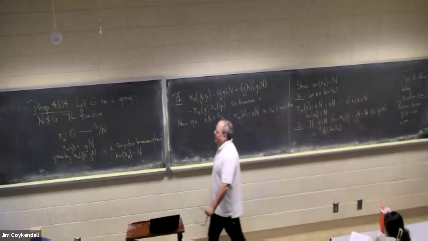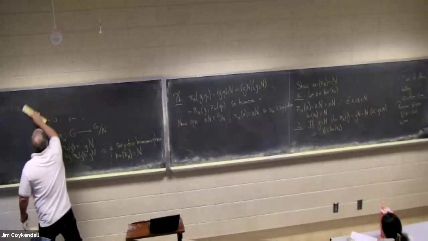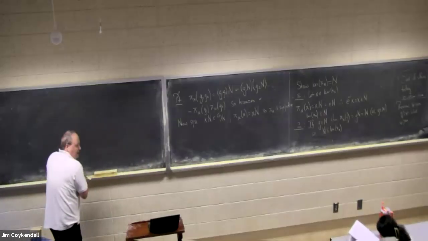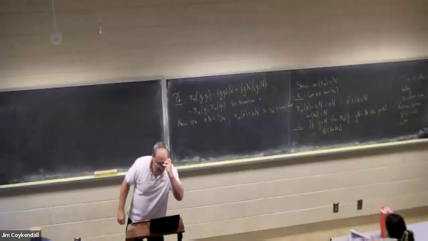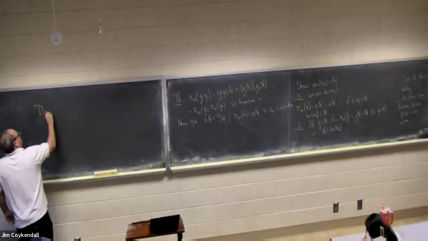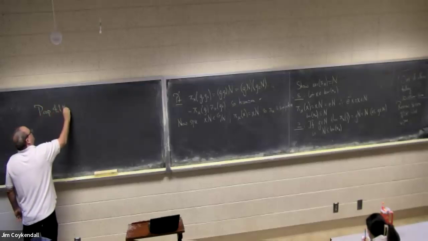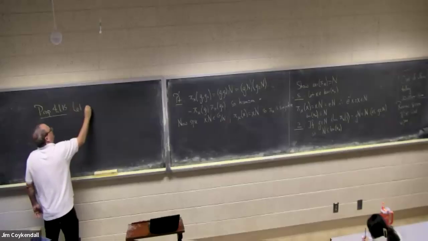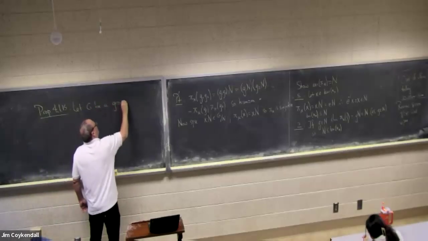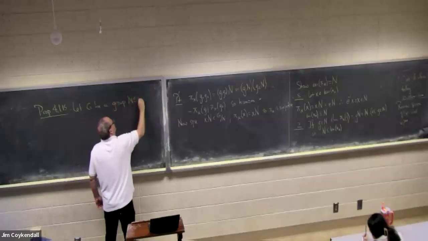And this really characterizes, and shows an important connection here. So, last proposition today. Let G be a group and N a subgroup.